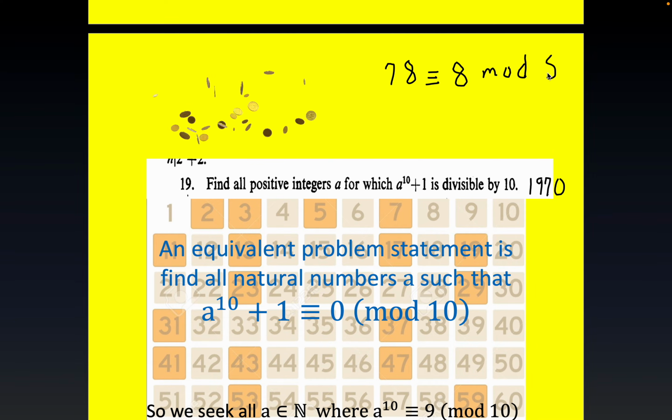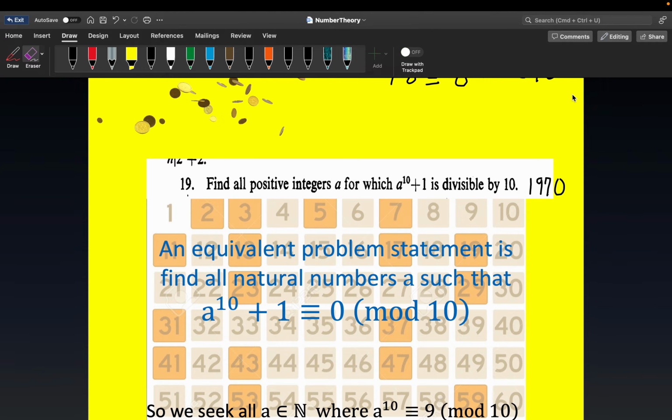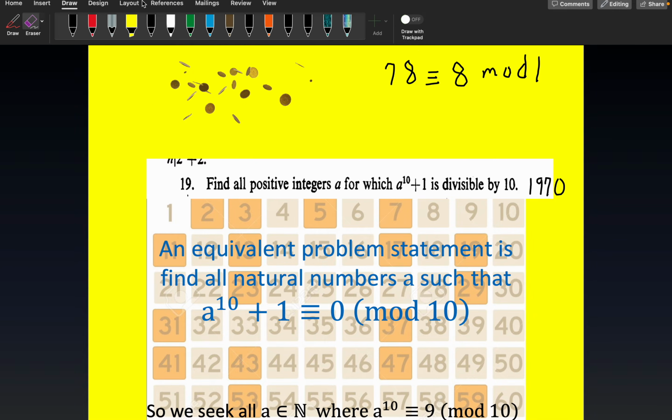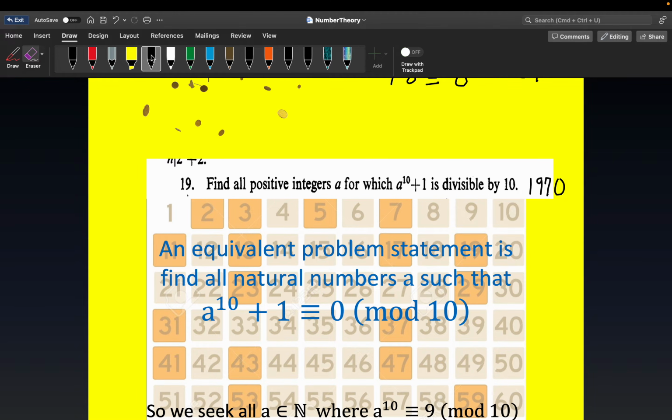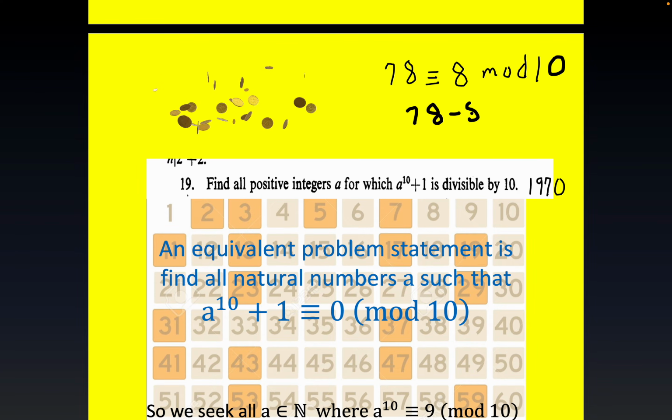It's visibly manifest. 78 has a last digit of 8. Another way of thinking of this is 78 minus 8 is a multiple of 10, namely 70. 78 minus 8 equals 10 times 7.